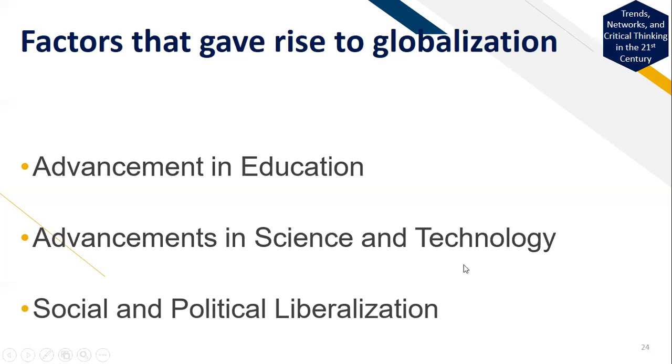Wala na yung tulad noong panahon ni Rizal o ng ating mga lolo't lola na nagkakaroon ng mga sakupan ng bansa. Ngayon hindi na yun. We are in a modern society that is brought about by globalization.